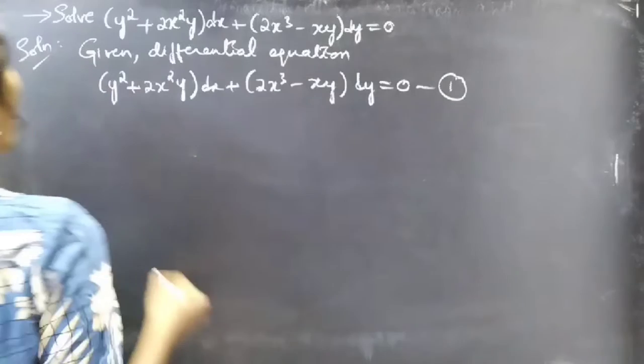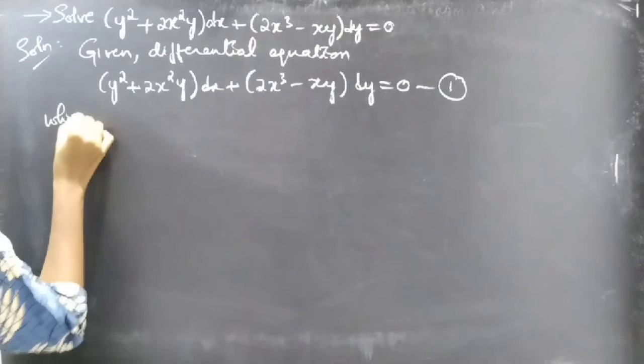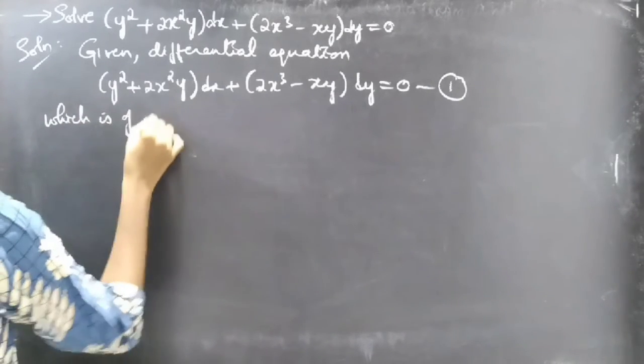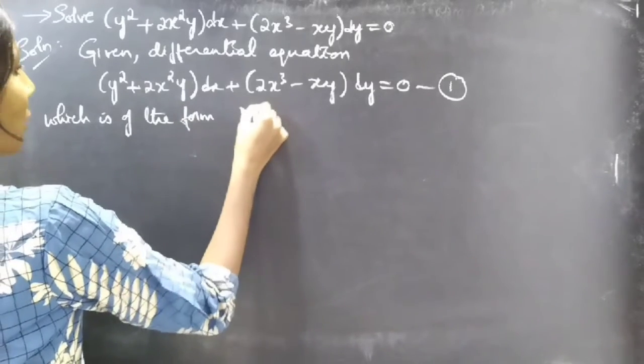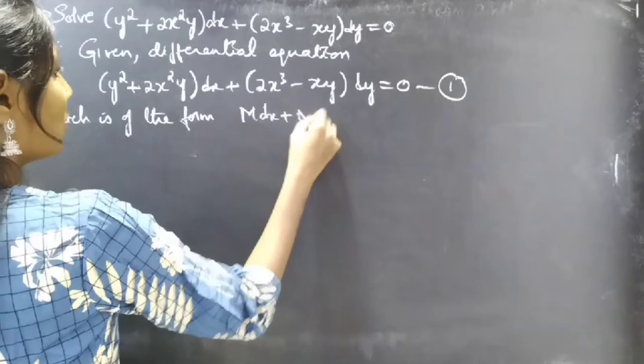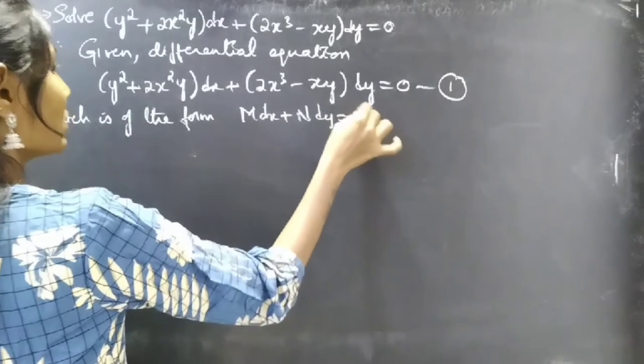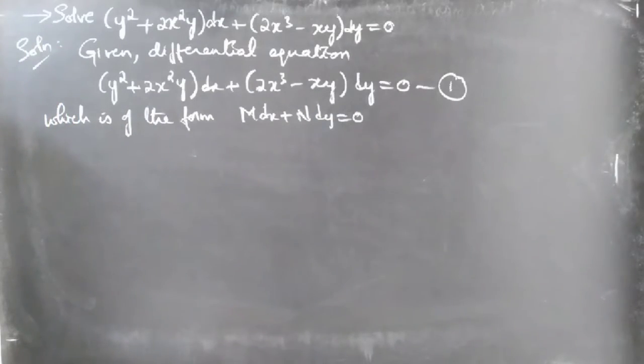Consider it as equation 1, which is of the standard form M dx + N dy = 0. Let's see whether the given differential equation is exact or not.